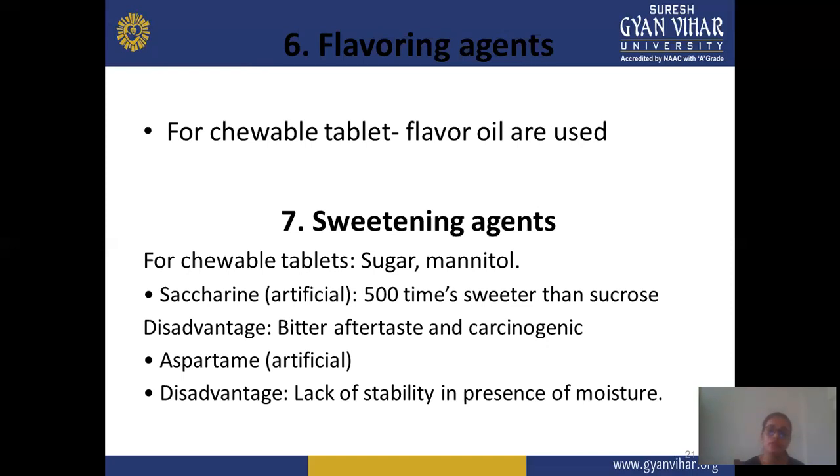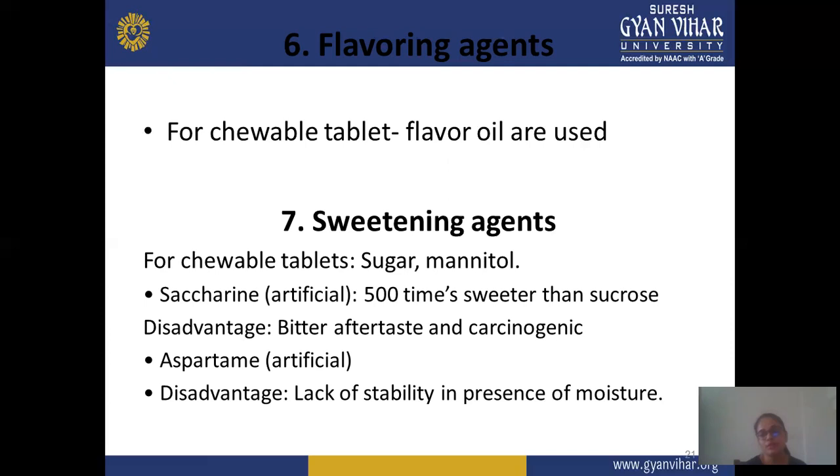In this condition, to overcome this problem or to make it easier to take, maybe for others than children, improve the flavor and use certain flavoring oil. These flavors are also approved by the FDA and given in a specific book. Do not use your own choice of flavor. And make sure that this flavoring agent does not affect your formulation. It should be compatible and stable with the formulation and with your individual excipients and drug.